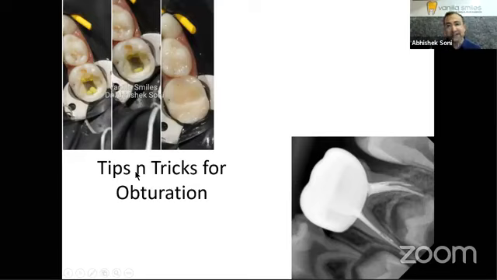Now, your tips and tricks for obturation. Make sure that you have an adequate coronal flare. What we use is EndoFlare by Micromega. So what we do over here is, with your white apex tip, usually don't try to engage it. You don't have to reach until the apex. Even if you're in the coronal third of your root canal preparation, make sure that as you are pulling the syringe out, you are leaving some excess material along the line angles.